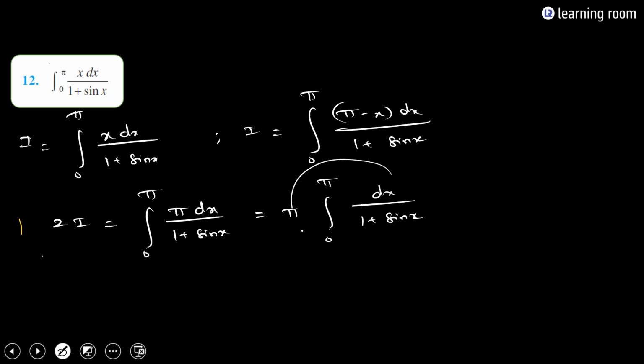Now, integral of 0 to pi 1 by 1 plus sin x. How to solve this? I have to eliminate the denominator.